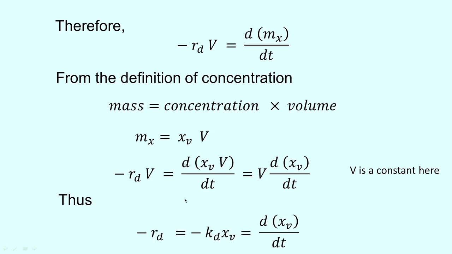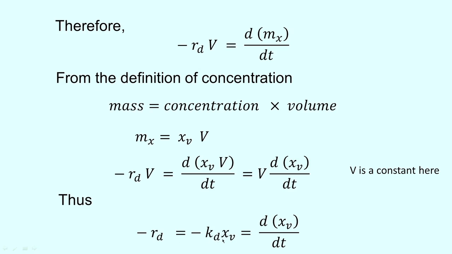Thus, we have a volume here and a volume here, and we can cancel them out, they are the same volumes. Therefore, minus R D equals minus k d x v, which is what we had seen earlier. We had represented R D as a first order expression, k d into x v, the rate of death of cells equals a constant times the viable cell concentration.